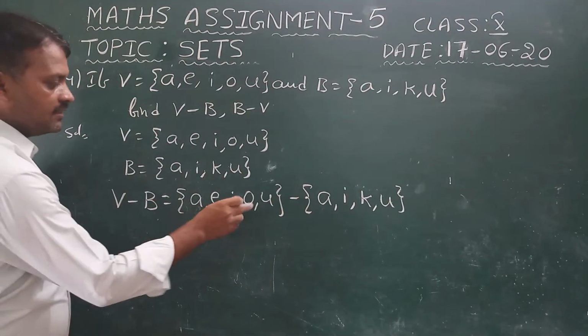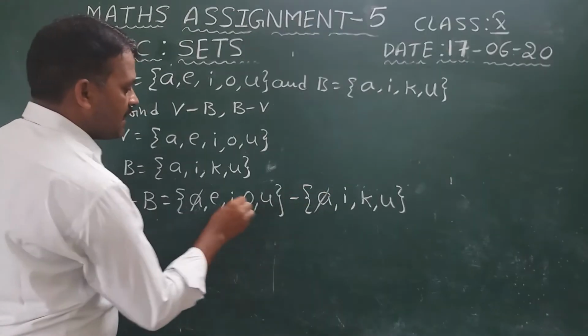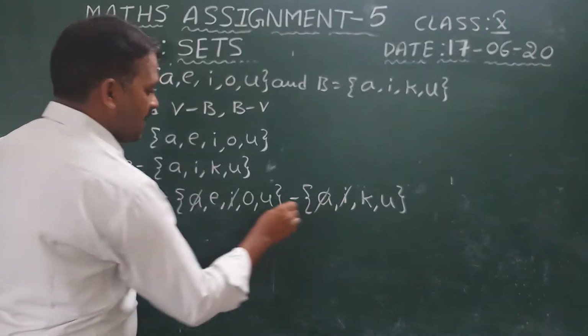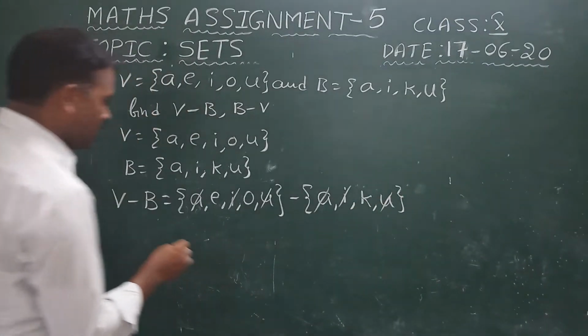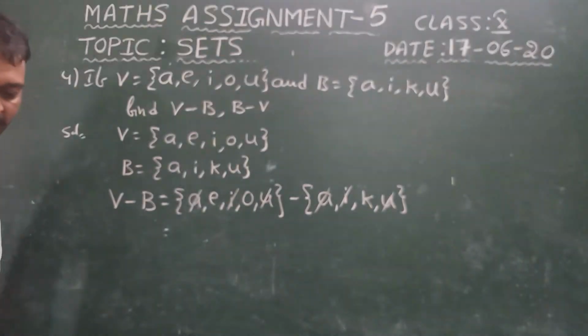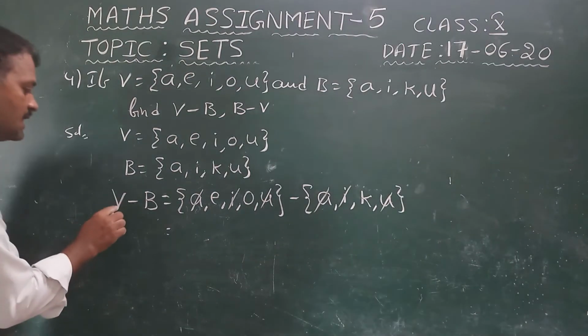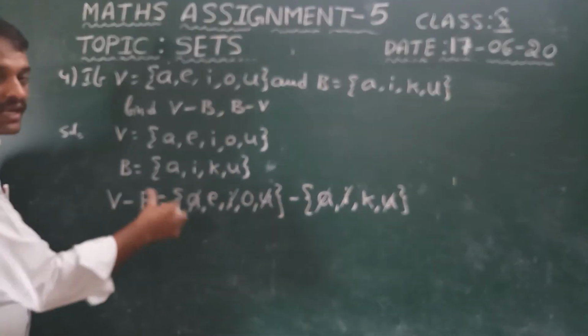I need to cancel them. Here A cancels, I cancels, and U cancels. Remaining, V minus B is only the elements containing V. What are the elements?